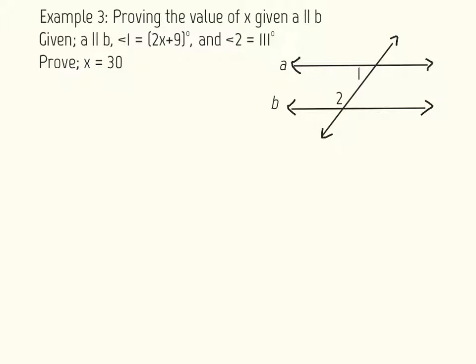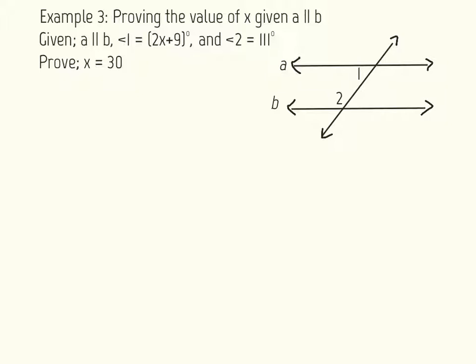For the next example, we're going to prove the value of x given A is parallel to B. In these cases, these are those algebraic proofs that we've been working on. So given A is parallel to B, angle 1 equals 2x plus 9 degrees, and angle 2 equals 111 degrees. We want to prove that x equals 30.